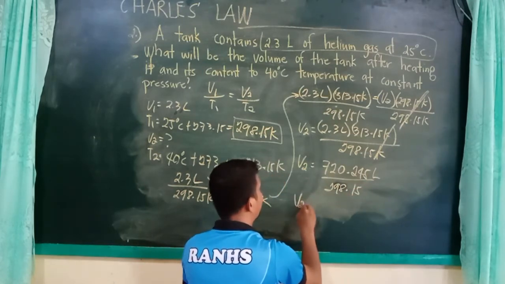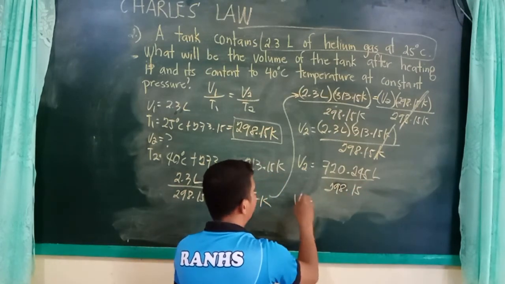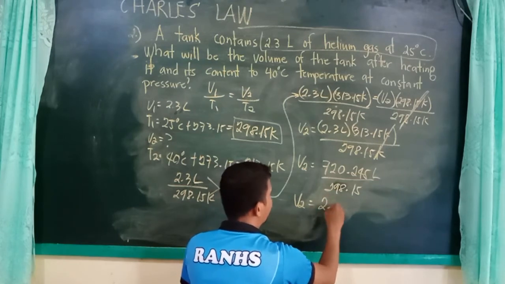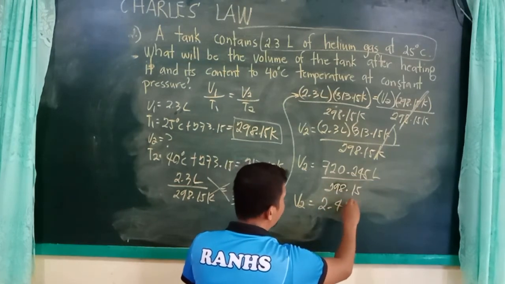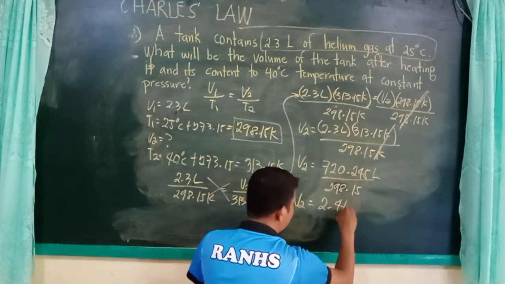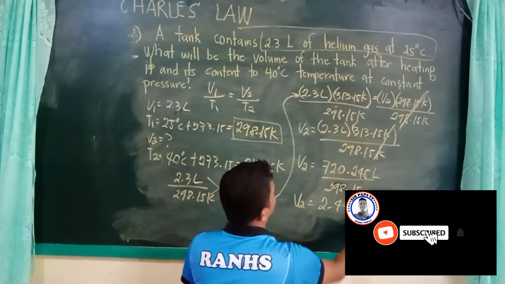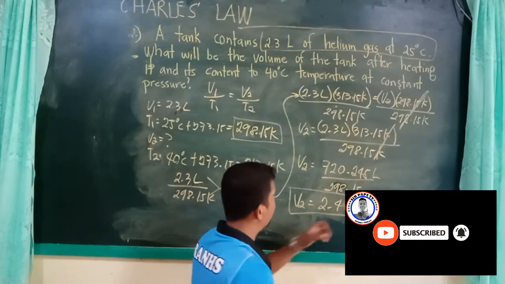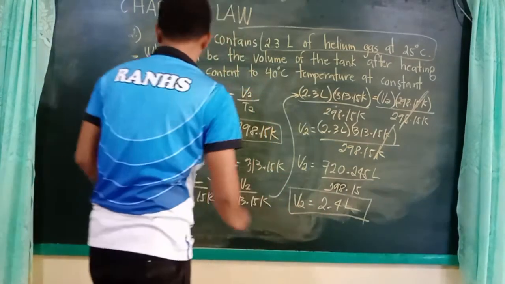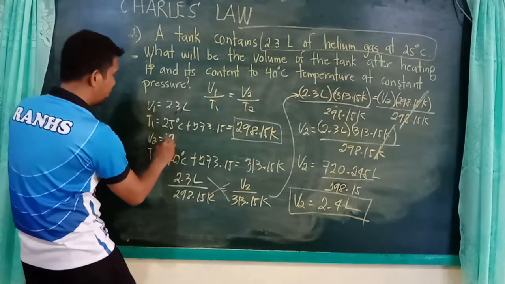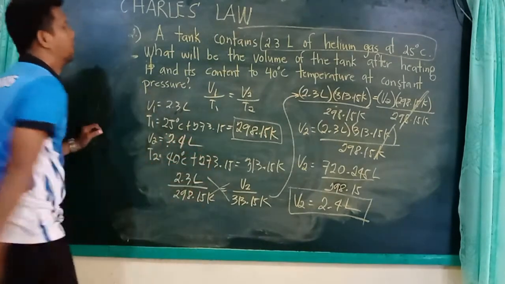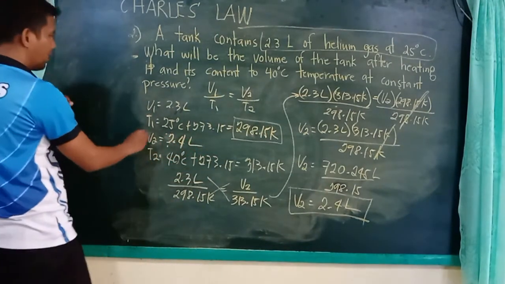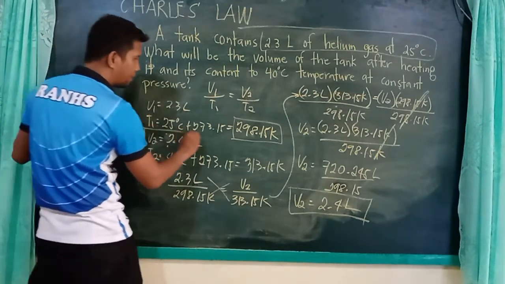So our V2 now is equal to 2.416 or 2.4 na lang, no? Liters. Now, let's observe kung tama ang ating sagot na 2.4. So, 2.4 liters. Okay. So, this is our V2.